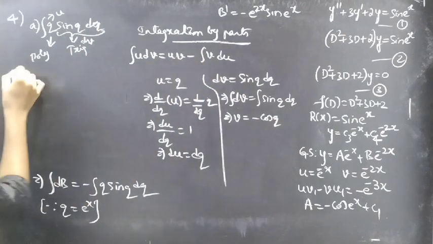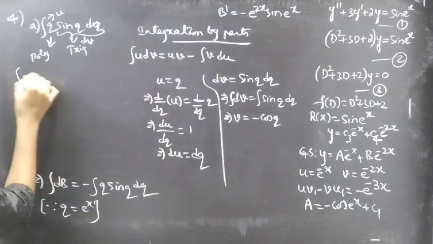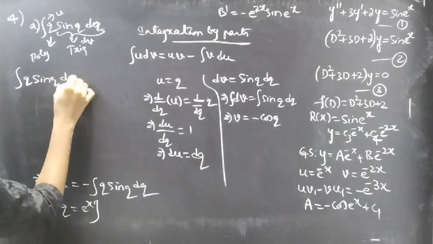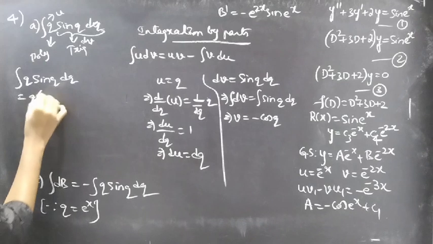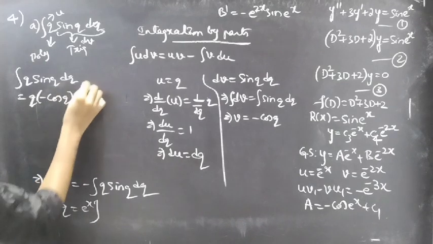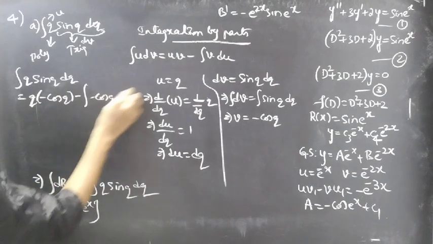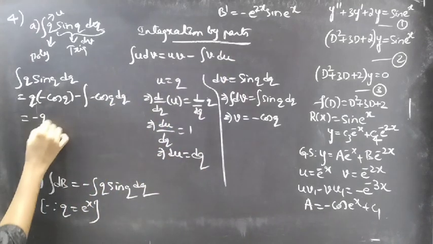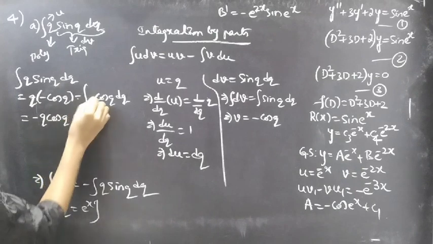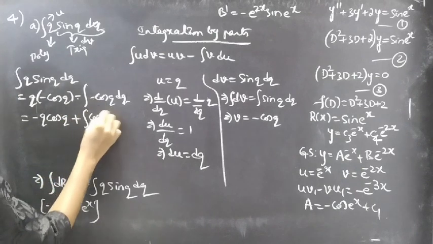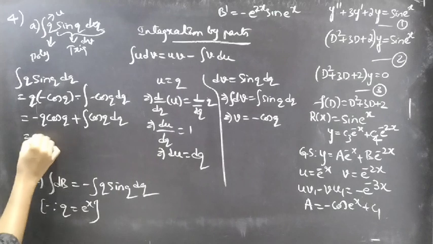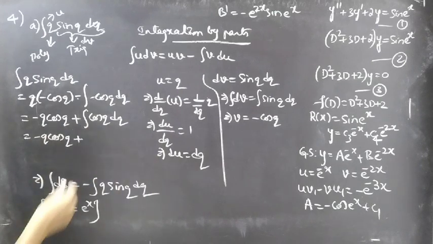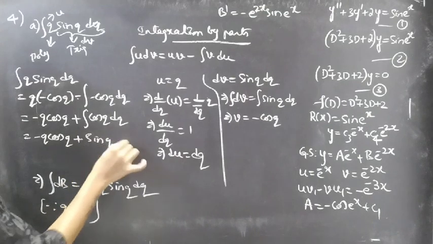Now apply this formula. Integral of u, which is q, into dv, sine q dq, equal to u into v, minus integral v into du. Du is equal to dq. This gives us minus q cos q, minus into minus plus integral cos q dq. This gives us minus q cos q plus integral cos q dq, which is sine q, right?